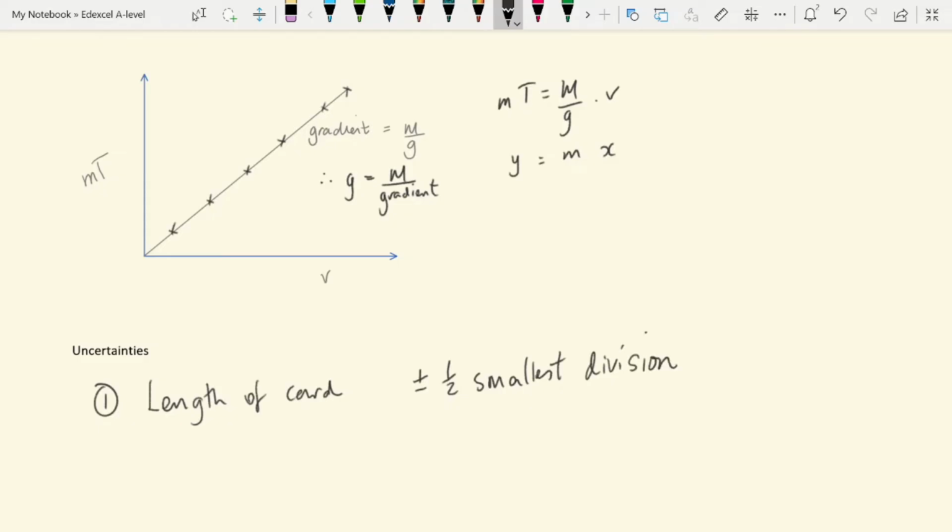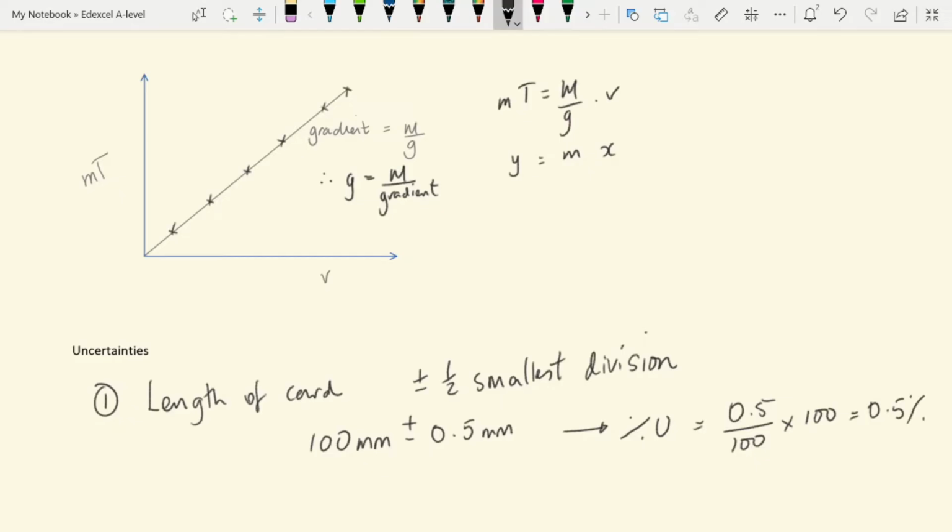That means that it's going to be 100 millimeters plus or minus half a millimeter, because 1 millimeter is the smallest division that you get on a meter rule. So that's our first bit. Generally, we will turn that into a percentage uncertainty, so your percentage U is 0.5 over 100 times 100, which of course is 0.5%.